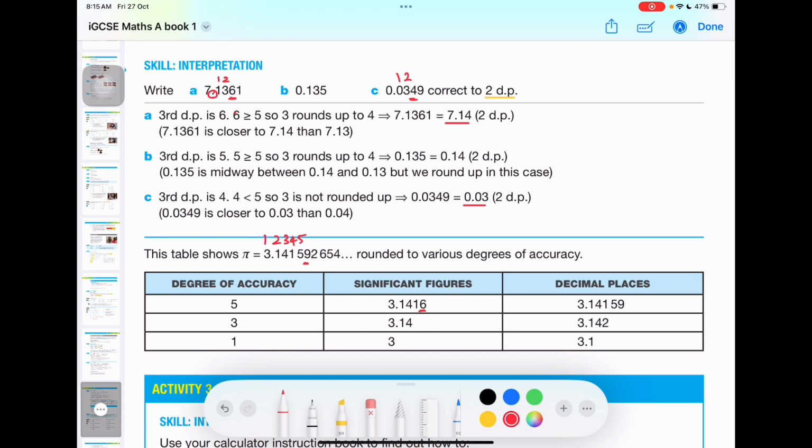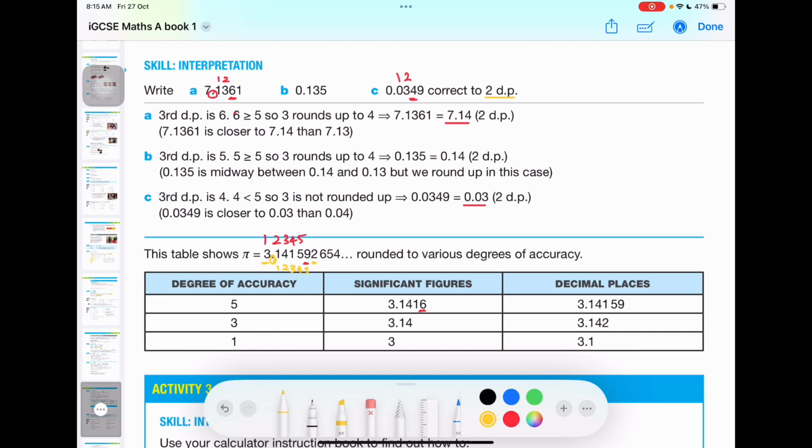to give us 3.1416. On the other hand, if we are interested in up to 5 decimal places, we always take from the decimal point to the right side. So we ignore the 3 and start from the decimal point, which is here: 1, 2, 3, 4, 5. The 5th decimal place is 9, so we look at the 6th decimal place to decide whether to round up or down.